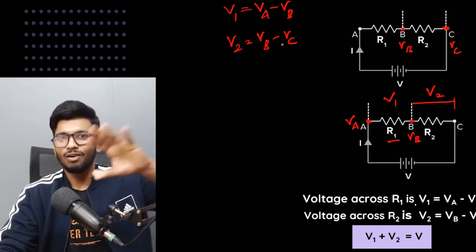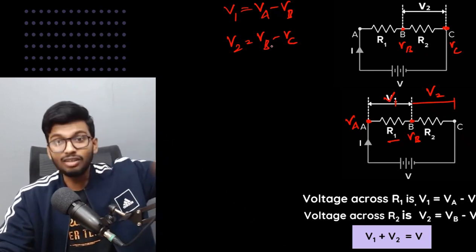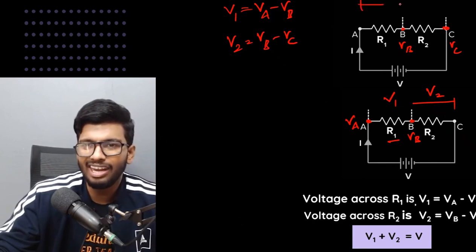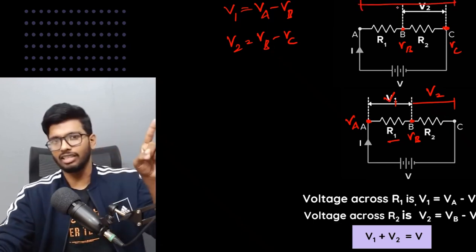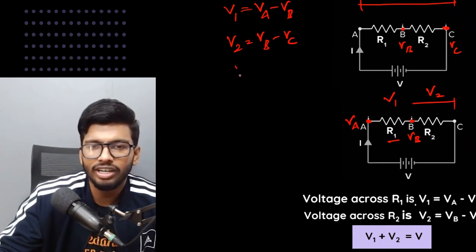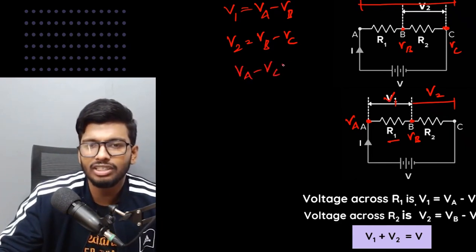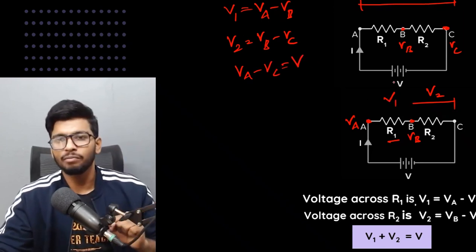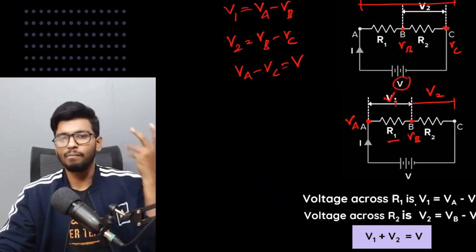All right. Now here, guys, the total voltage. If you talk about these two ends, A and C, what is the voltage between A and C? That is voltage at A minus voltage at C, which is nothing but the total voltage applied by the battery.